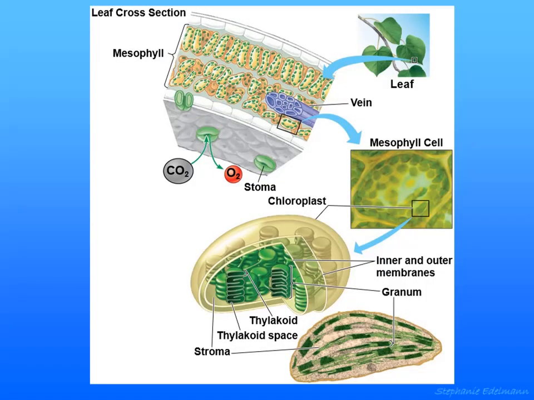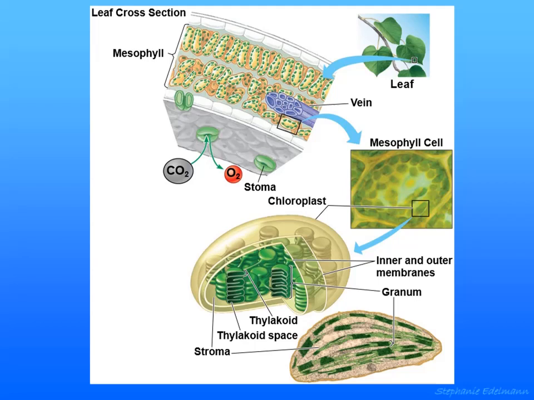Just to give you an idea where all of this is happening. So all of this is happening in the chloroplast. So what you've got here is a picture of a leaf, and you've already seen a leaf. You've seen the wandering Jew, you've seen the stomata of the wandering Jew. The plant was purple and the stomata were green.